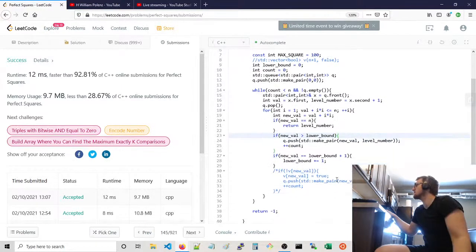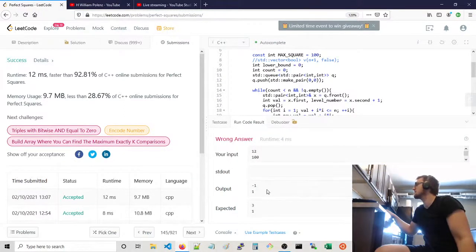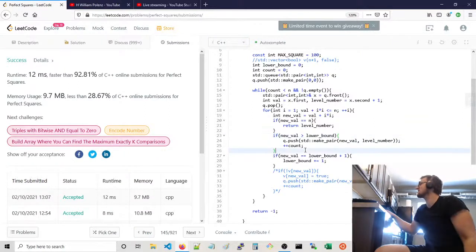Alright. What does this look like? Does that compile? Wrong. Okay. Yeah, that's interesting.